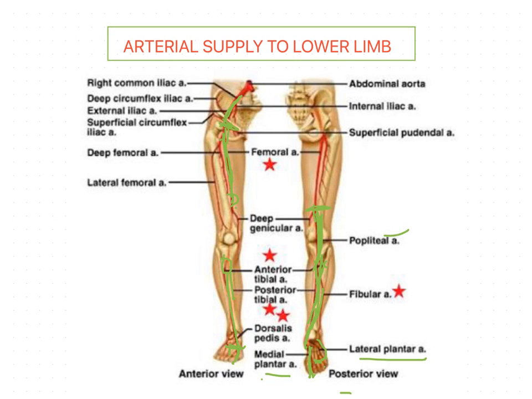So many digital arteries of the plantar aspect as well as the dorsal aspect of the foot communicate with each other by different kinds of perforating arteries. So this is the entire arterial supply of the lower limb. Thank you.